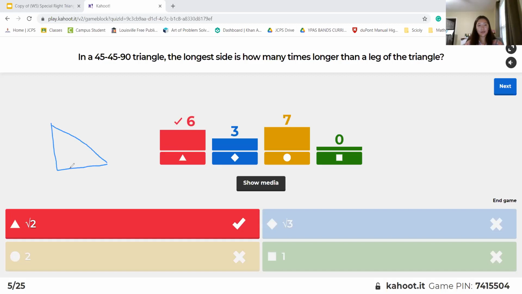The isosceles right triangle. We said that it's x, x, and then x root 2. So the longest side is this one, and it's root 2 times longer than x. So that's why it's red.